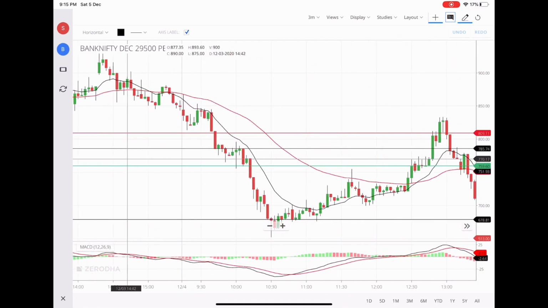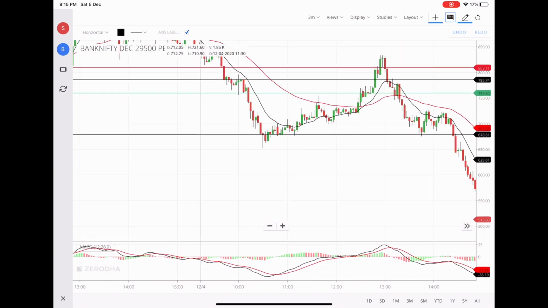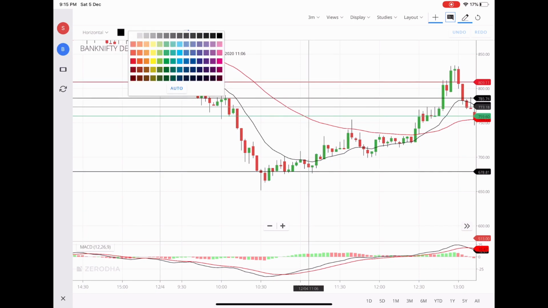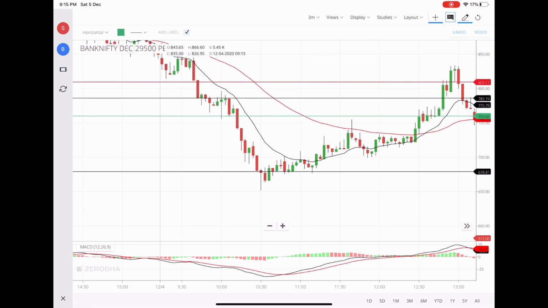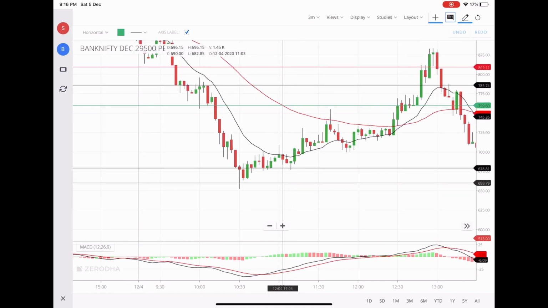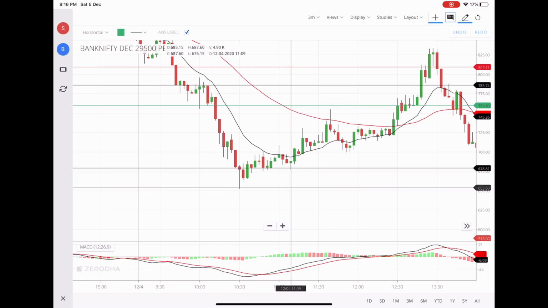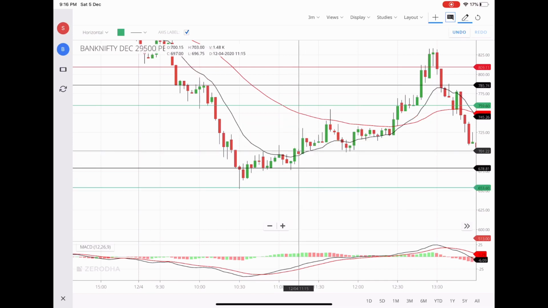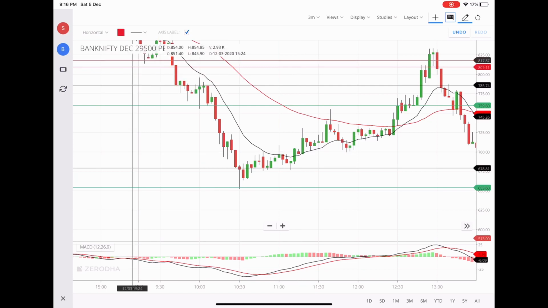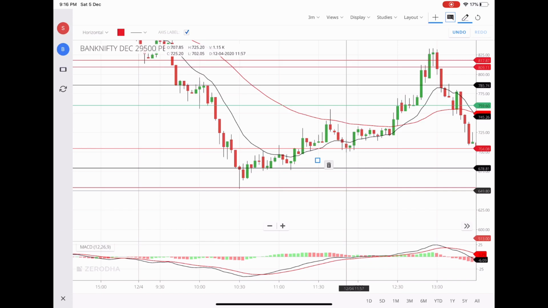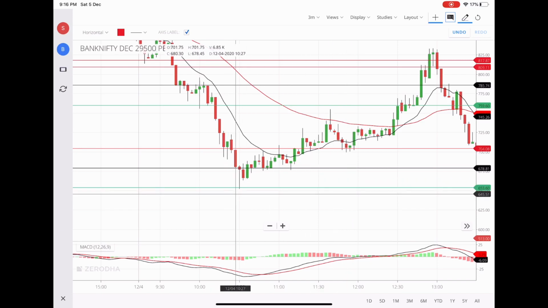We should place the target at 653 somewhere here, and the stop loss will be 703 somewhere here. So we achieved our target within 3 minutes.